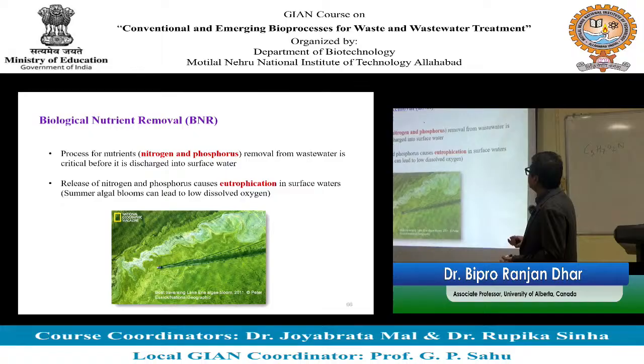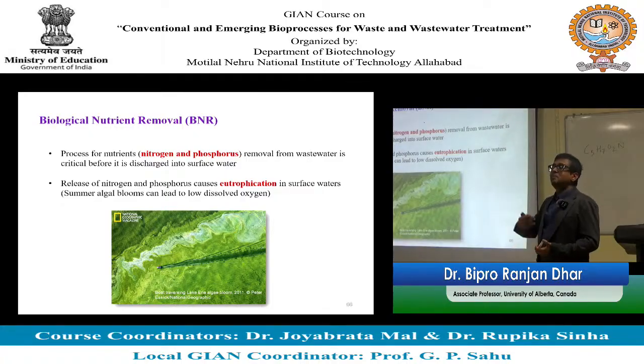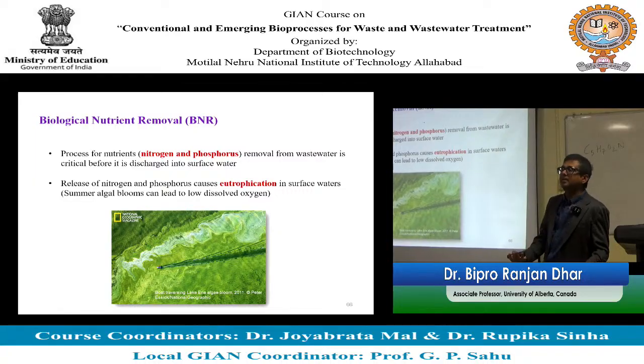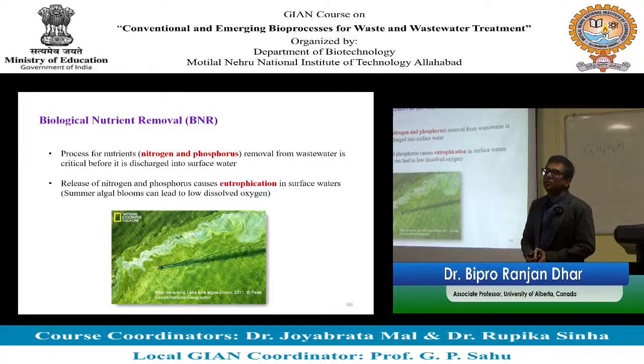After that, people identified that this was mainly caused by nutrient release from wastewater. Then most of the provinces in Canada and states in the US put regulations in place for nitrogen removal.